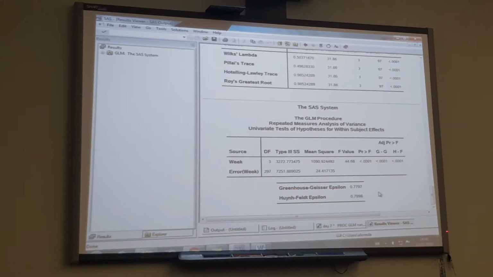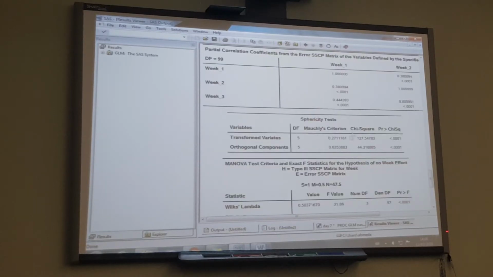The Greenhouse-Geisser is just, instead of you reporting the p-value of ANOVA, now we're going to adjust the p-value of ANOVA. We're going to adjust for degrees of freedom. We're going to give you something else to be used because the ANOVA assumption is violated. Remember, ANOVA is violated here.